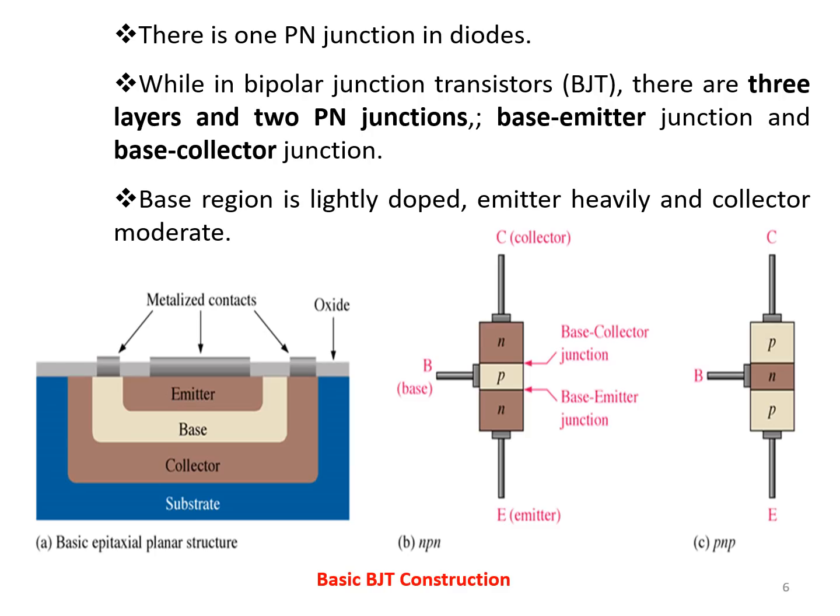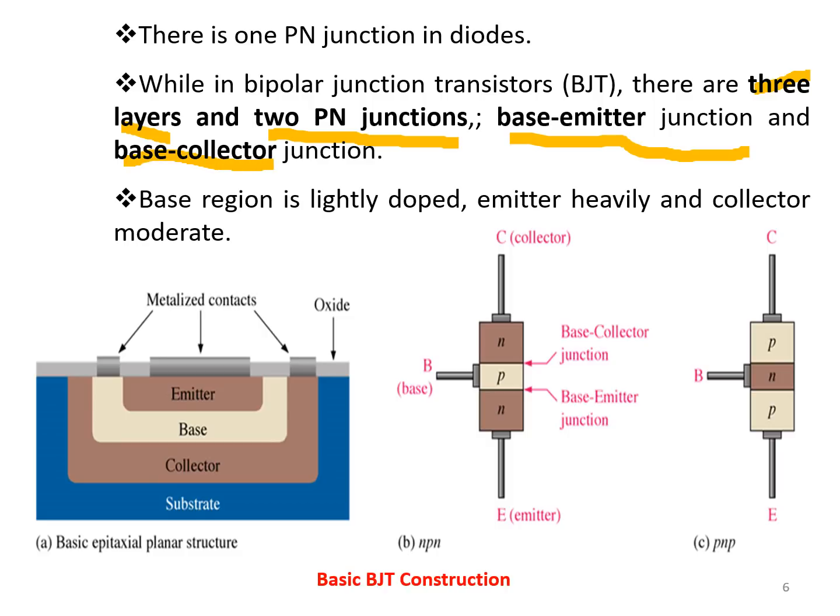There is one PN junction in a diode, while in a bipolar junction transistor, BJT, there are three layers and two PN junctions, which are the base emitter junction, BE, and the base collector junction, BC.